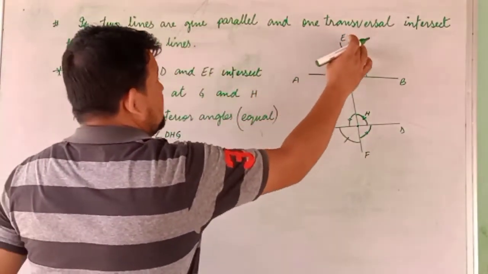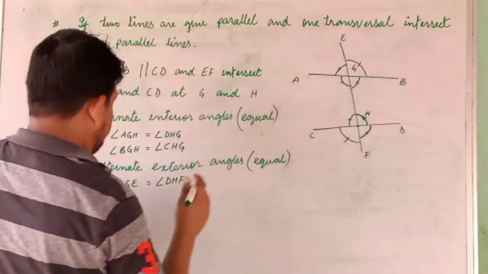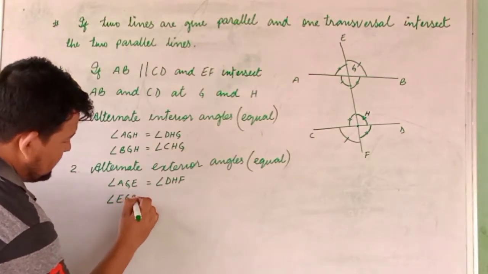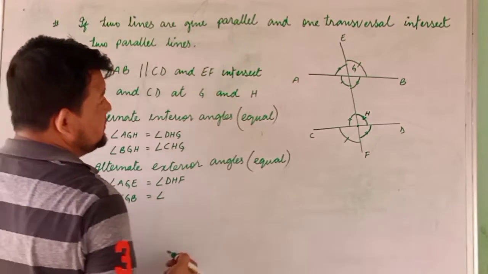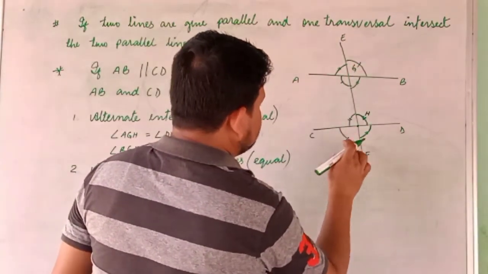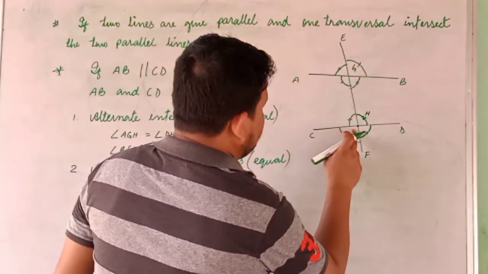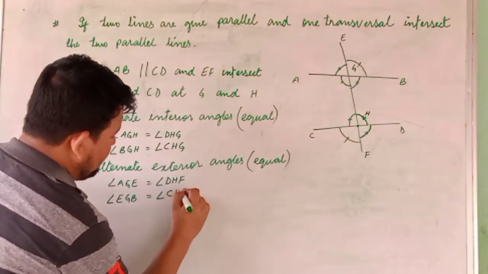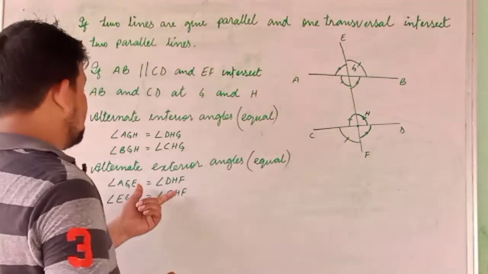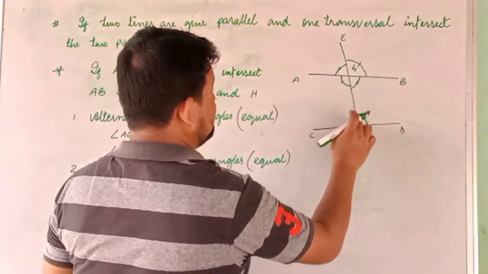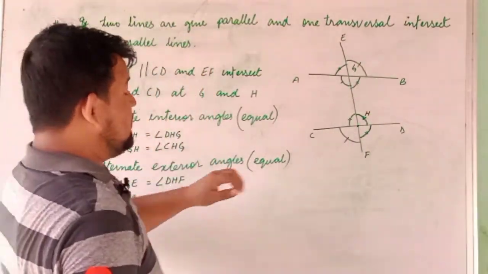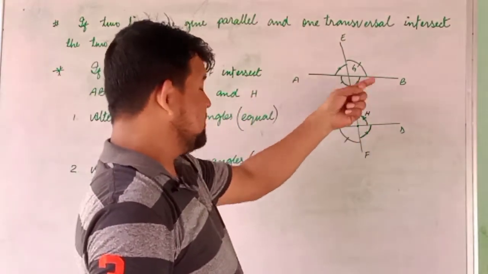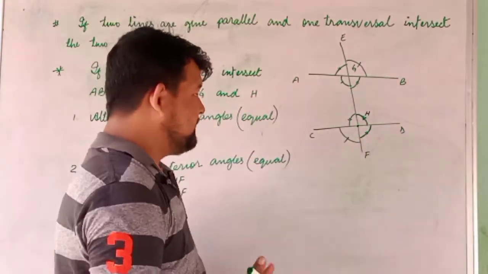So angle EGB is also equal to this angle, CHF, because they are also alternate exterior angles. So you'll have to remember this thing. If they're alternate angles, they're equal to each other. If they're alternate interior angles, they're equal to each other. So we'll have to know this.